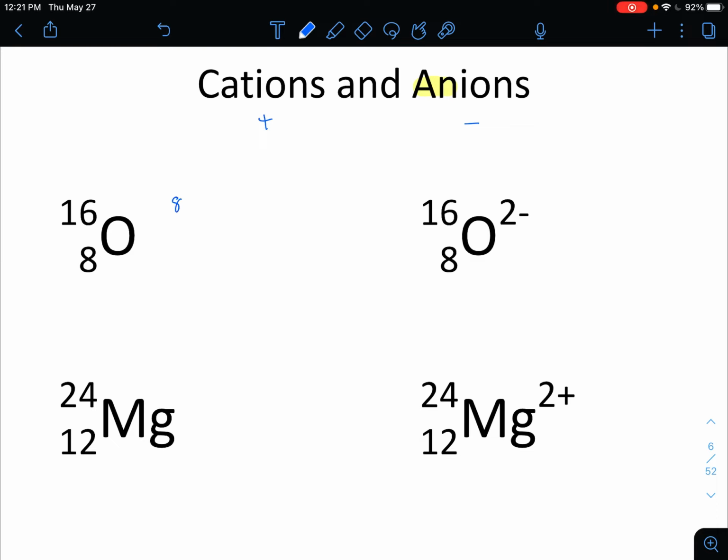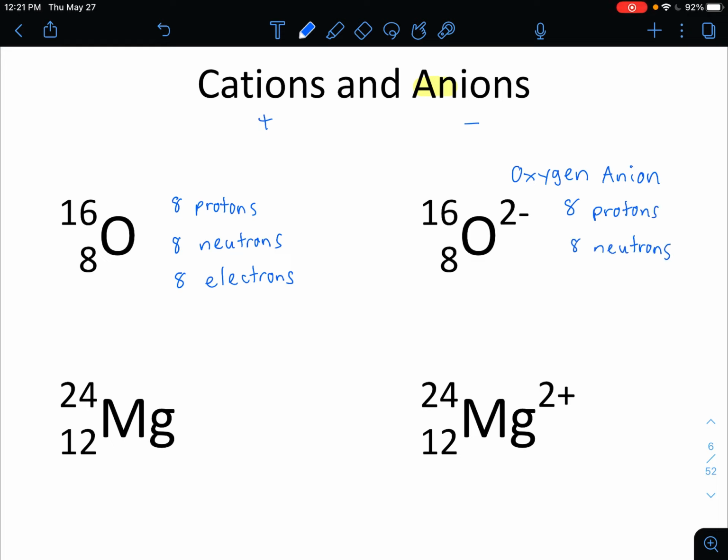So this is 8 protons, that's the atomic number, then 16 minus 8 neutrons. And again, this is the neutral atom, so it's also 8 electrons. So then here we have the oxygen anion, and it is still 8 protons and 8 neutrons, but now it's -2 charged, right?